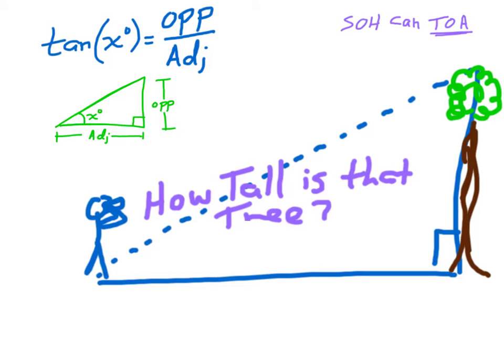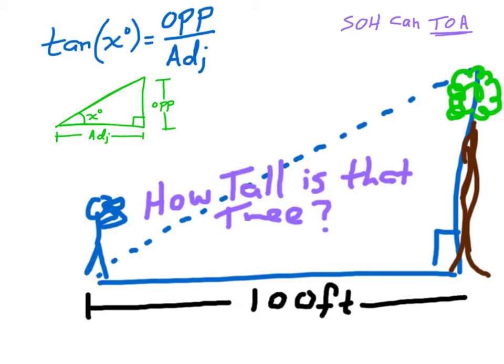It's a good question. Well, we can go ahead and take our handy-dandy little tape measure, and we can measure how far we are standing from the base of the tree. Let's say that we were standing 100 feet away from the tree. Now, 100 feet, that's not really that far. It's like the distance between 2 telephone poles.